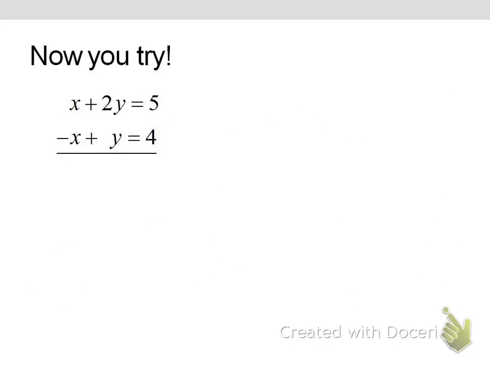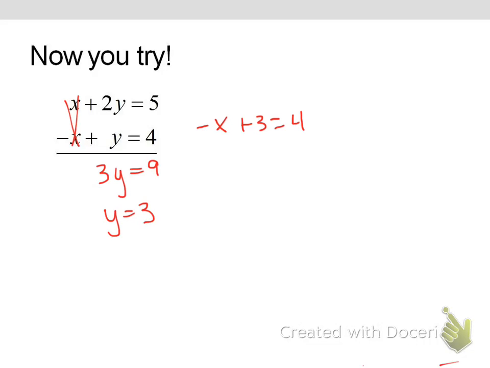No, either one. So I'm going to do negative x plus 3 equals 4. When I subtract 3 from both sides, I get negative x equals 1. When I divide by negative 1, x equals negative 1. So my final answer is negative 1, 3.